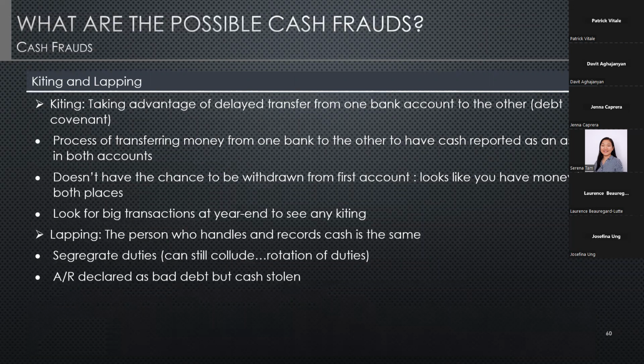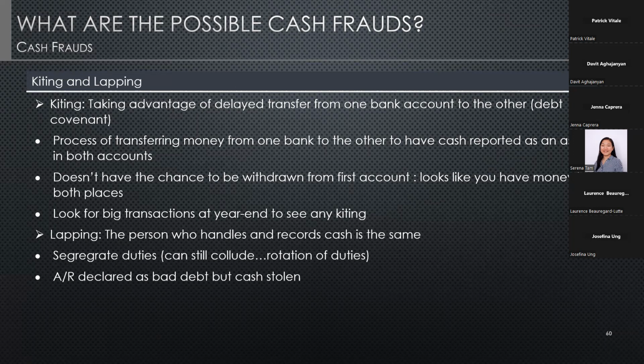Okay, now these 2 terms you have to know for your quiz: kiting and lapping. They could come up on the final too, as more of a 1-sentence kind of thing. But for your quiz, kiting is when you're taking advantage of delayed transfers from one bank account to the other.